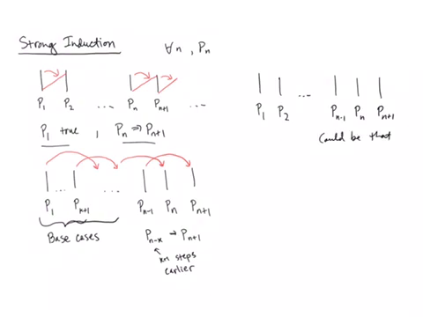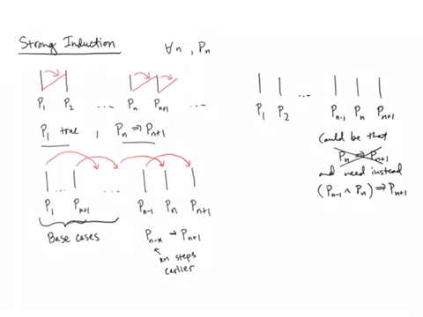So it could be that Pn alone implying Pn plus 1, you can't do that, and that you need instead Pn minus 1 and Pn.